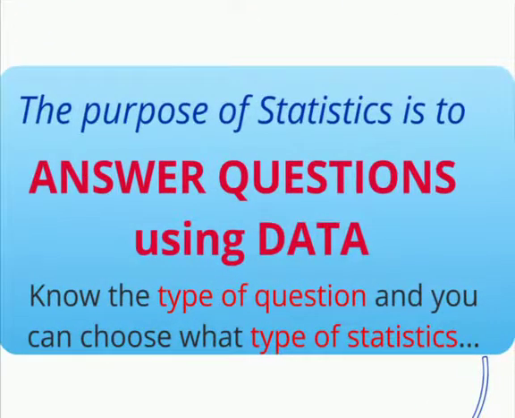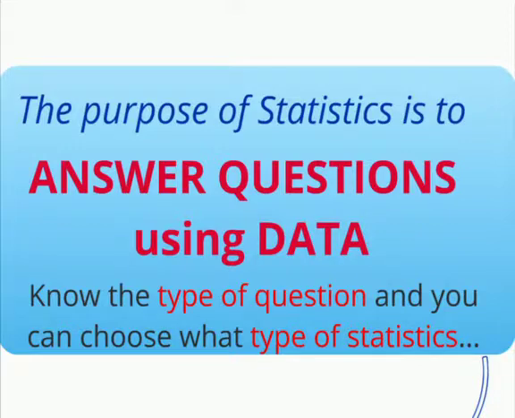So the first thing you need to know is that it answers questions using data, as I said, and if you know the type of question you're asking, then you can choose what type of statistics you need to use. So on this side of the Prezi, we're going to talk about the question you're asking, and in a minute we're going to talk about the data. At the moment we're going to talk about the type of question that you could ask and the 4 main areas of statistics.